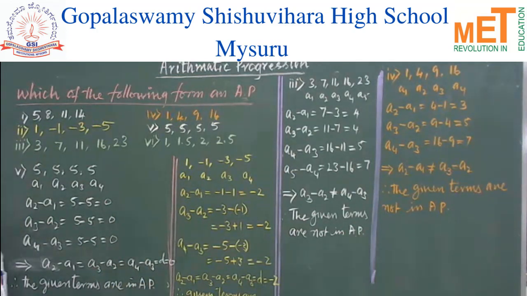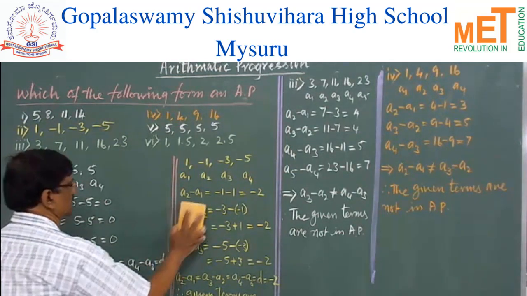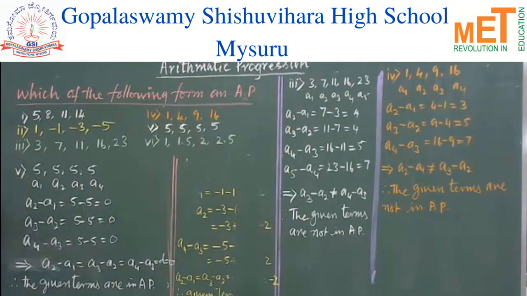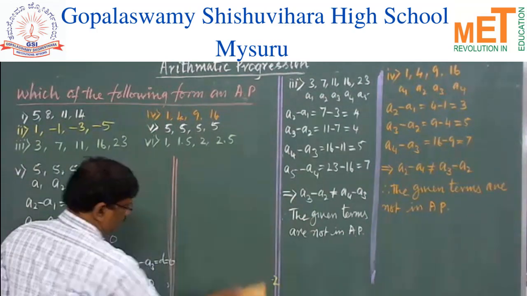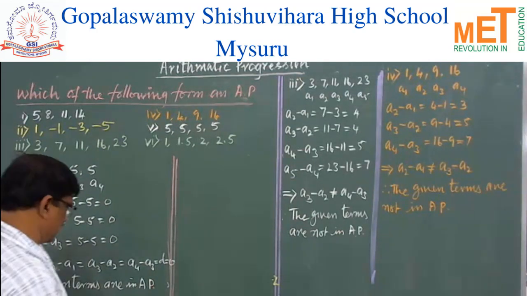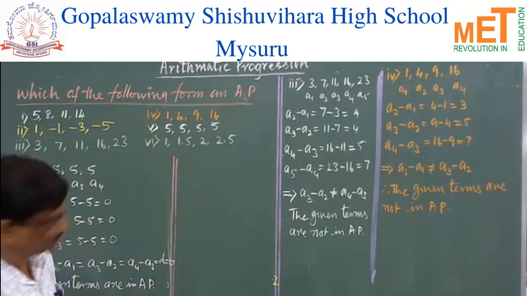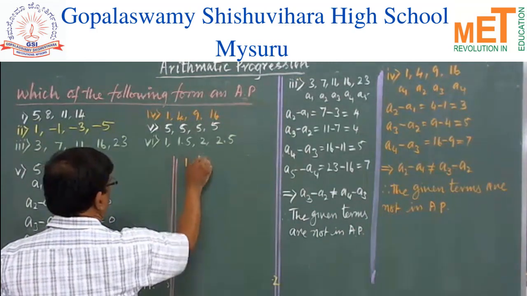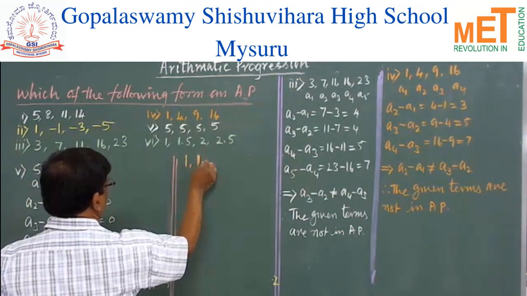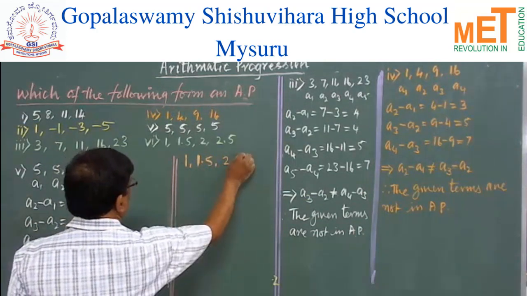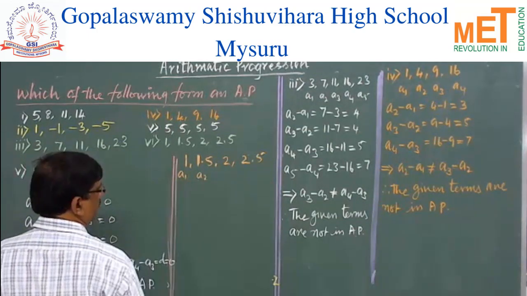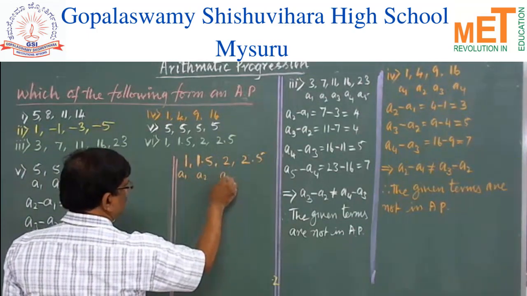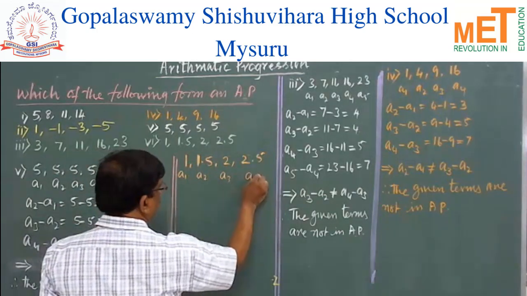Okay. Now, shall move on to the sixth one. In the case of sixth one, 1, 1.5, 2, 2.5. Here A1 is 1, A2 is 1.5, A3 is equal to 2, A4 is equal to 2.5.